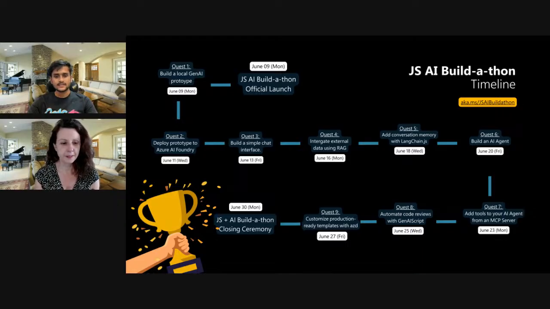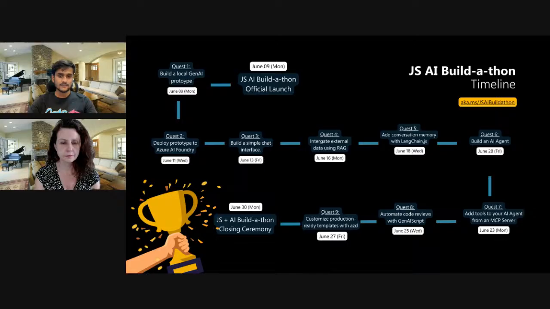In Quest 9, you will be given many templates. One will be with LangChain, one with RAG, one with Azure Search, one with Cognitive Services. Whatever services Azure provides, there will be templates like this.